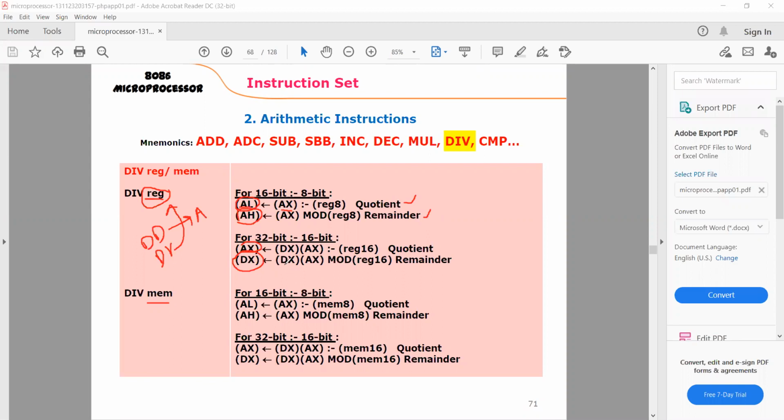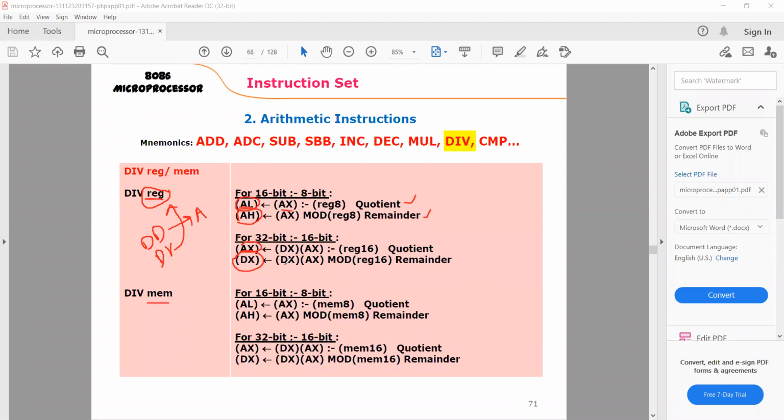After that, you identify where the results will be stored. You will get two results, quotient and remainder. The quotient is stored in AL and the remainder in AH for 8-bit. For a 16-bit operation, the quotient is stored in AX and the remainder in DX.